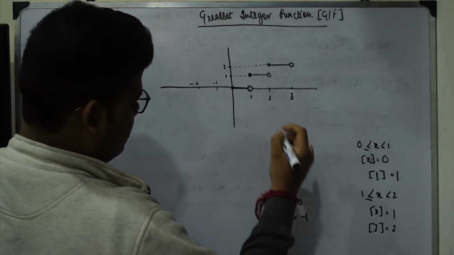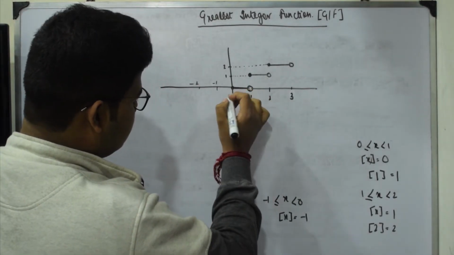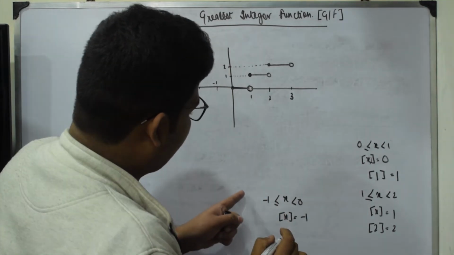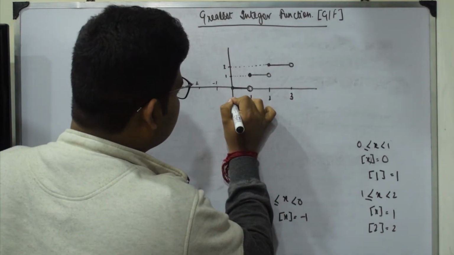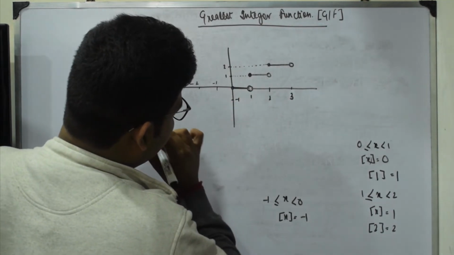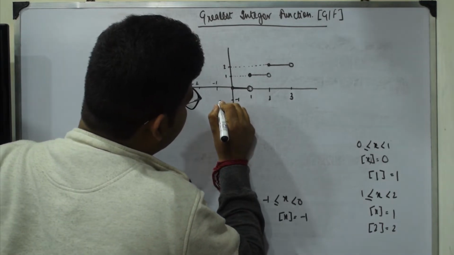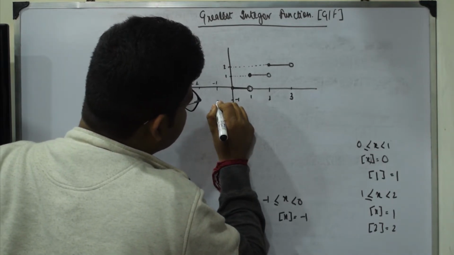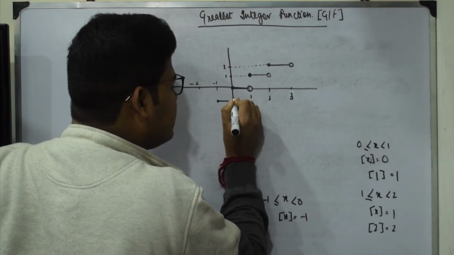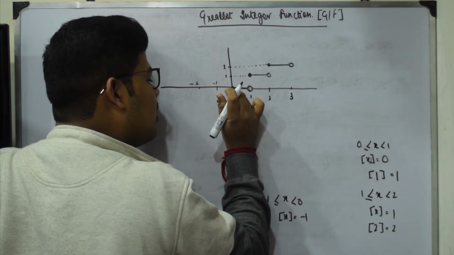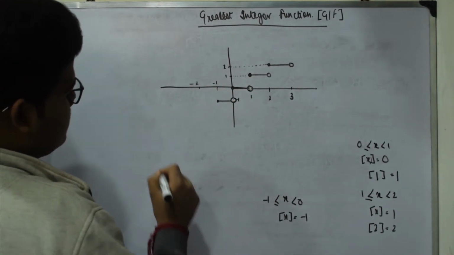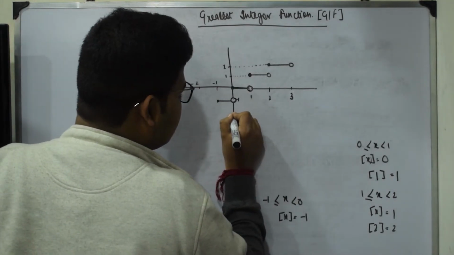So for any number lying between minus 1 and 0, for minus 1 it's minus 1, and at 0 here it would be open, like this.